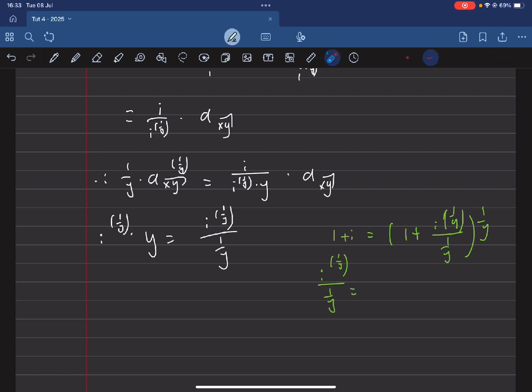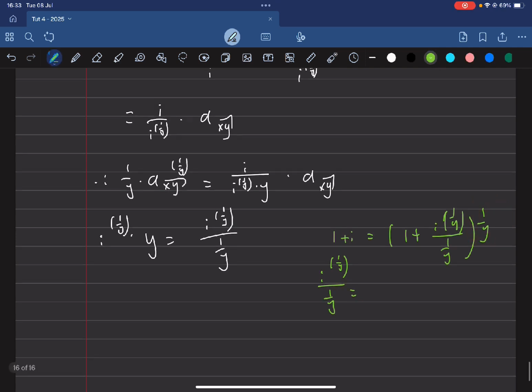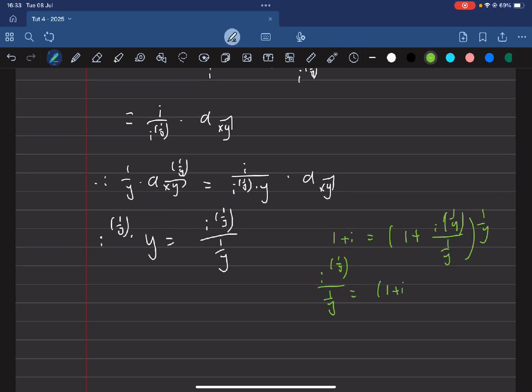So obviously we're going to raise both sides to the power of y. So we're going to get 1 plus i to the power of y, but then we're going to also want to move this across, then we get minus 1. Okay, so I'm going to use this property. So we are basically just showing that this is equal to that. So this whole thing is going to be equal to 1 plus i to the power of y minus 1.